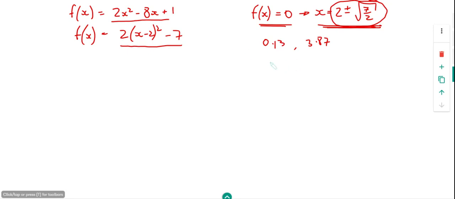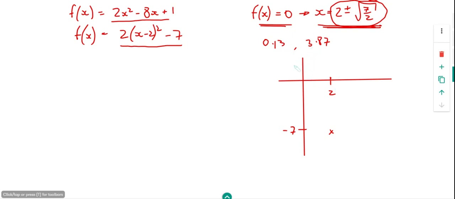So if we try and put this onto a graph, let's try and plot those points. And what we end up with is we first of all found that the minimum point was at 2, minus 7 as before. So we've got this point here.